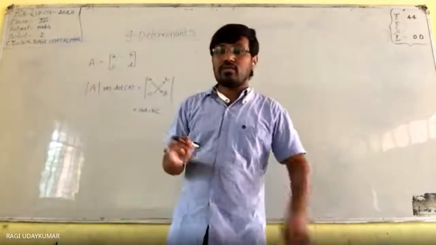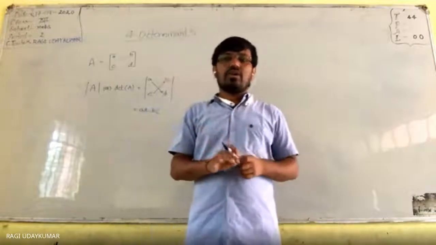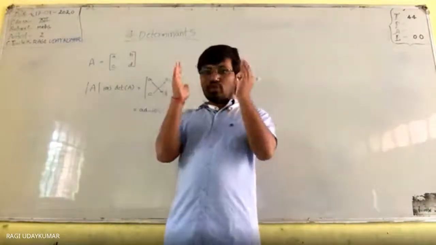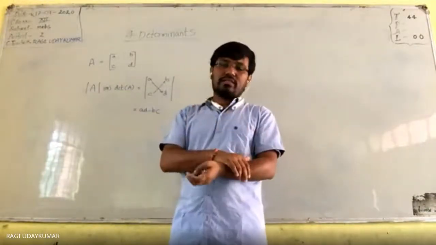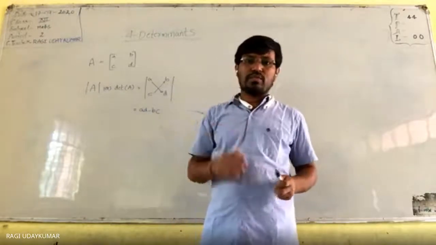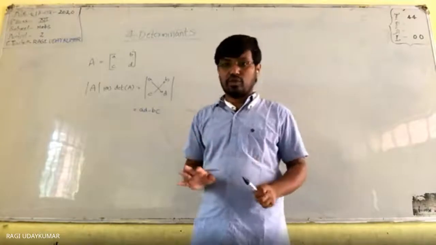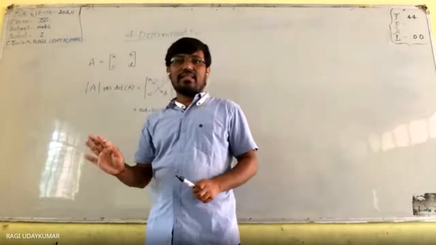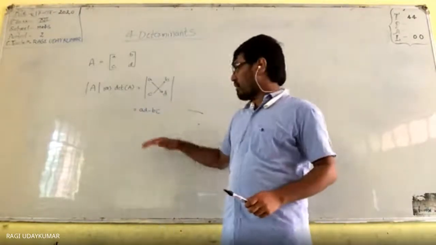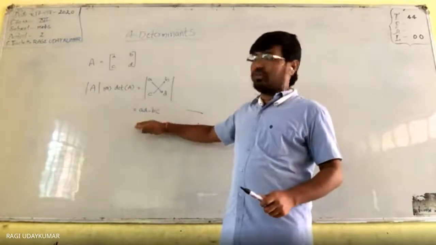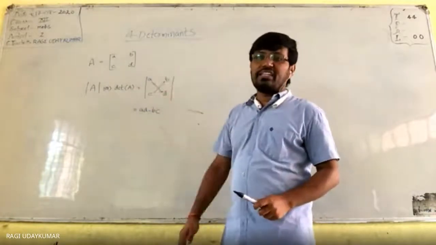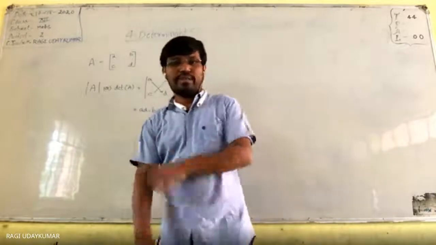Do remember, most students see this symbol and think of modulus, so they think it should always be positive. It's not mandatory that it should be positive. It can be negative also. This is the way of finding the determinant of a 2 by 2 matrix.